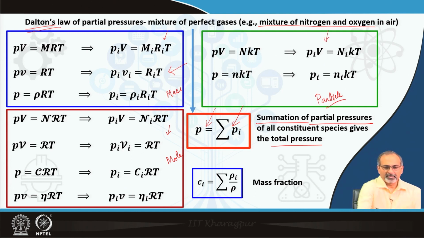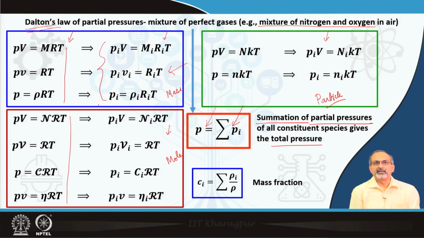For a single species, these are the forms that we have already talked about. The corresponding forms for the mixture of different species are indicated with the subscript i, similarly here as well as here.